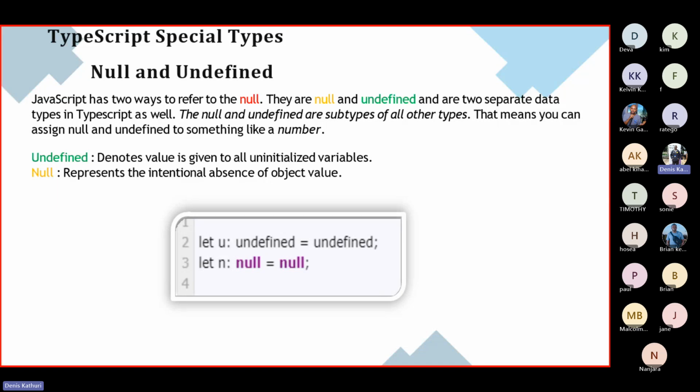This means you can assign null or undefined to something like a number. Undefined denotes the value given to all uninitialized variables. Then we have null, which represents the intentional absence of an object or value.